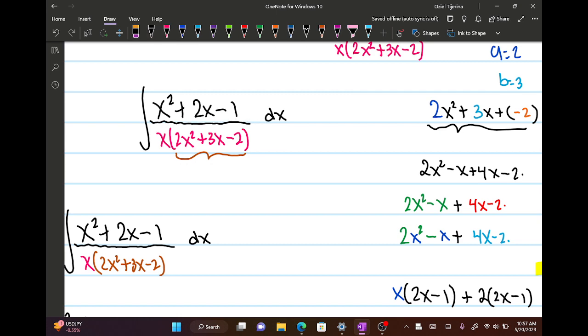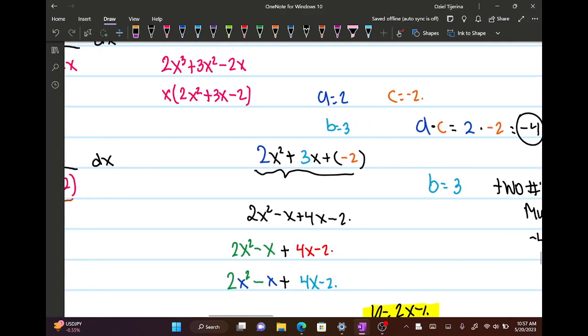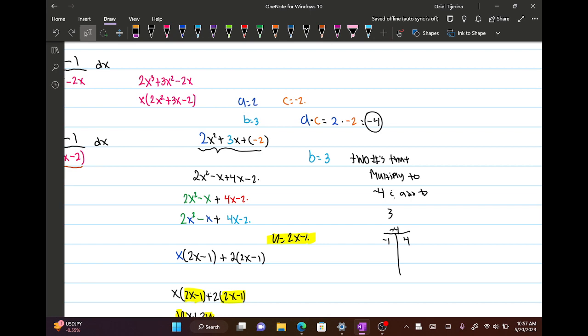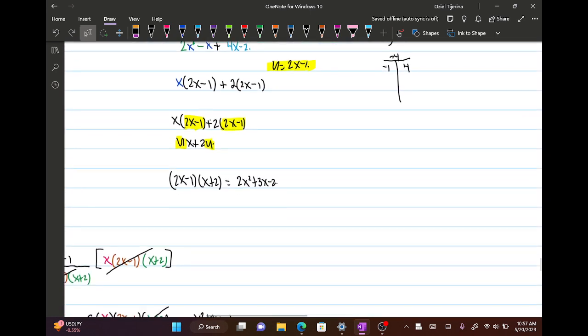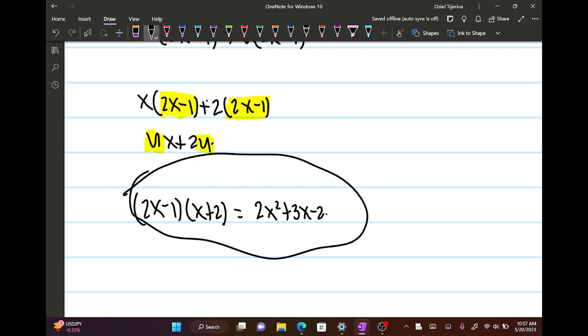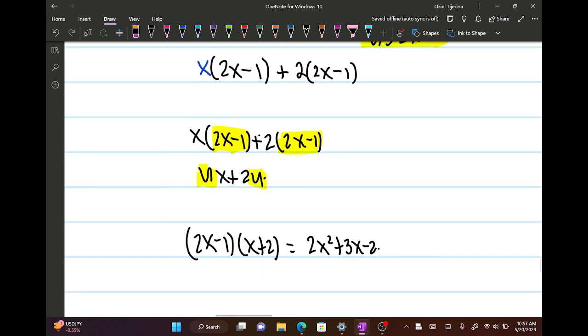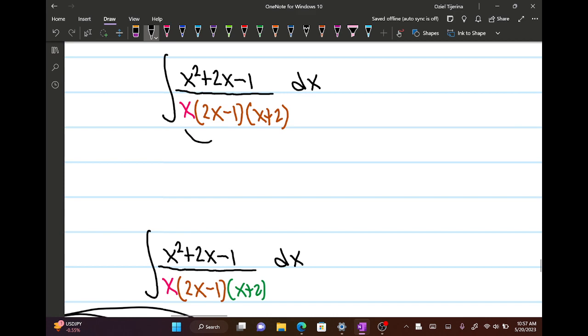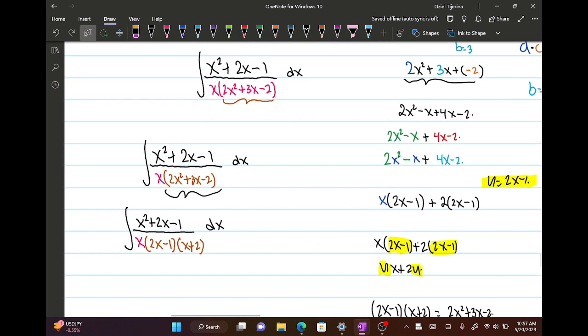And so I did some factoring on the side to get it to equal 2x squared plus 3x minus 2. So I factored this polynomial, this quadratic, and I put it as this, right? Now, that is really not the hard part of this. Obviously, that's just kind of like algebra. You have to be good at factoring polynomials, quadratics, etc.